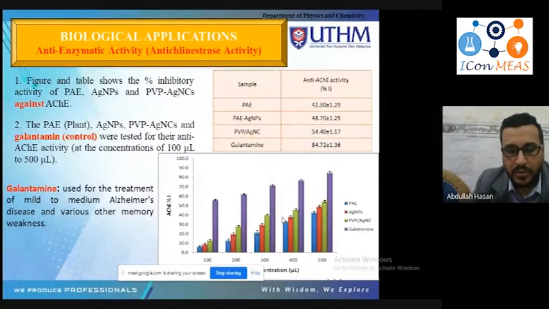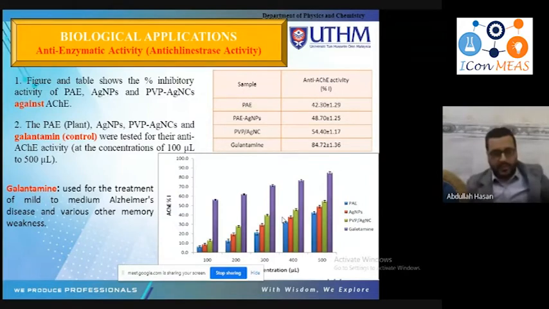Here I worked in vitro, because a polymer with nanocomposite maybe cannot be used inside the body. So in future we can use in vivo, using a mouse or some other animal first.